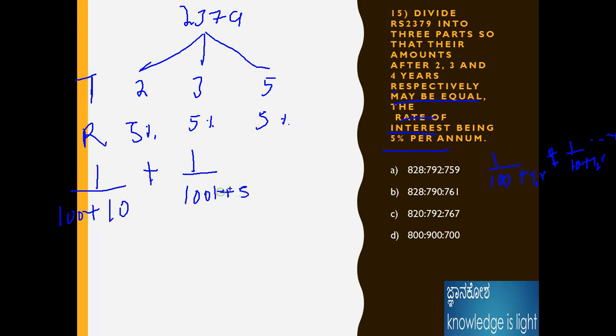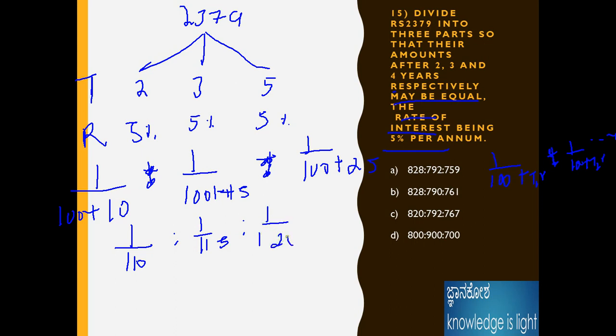Sorry, this is 'is to', not plus, friends, don't confuse, I wrote it wrong. 1 by 100 plus 10, therefore 1 by 110 is to 1 by 115 is to 1 by 120. What is the LCM? Take the LCM of these numbers.